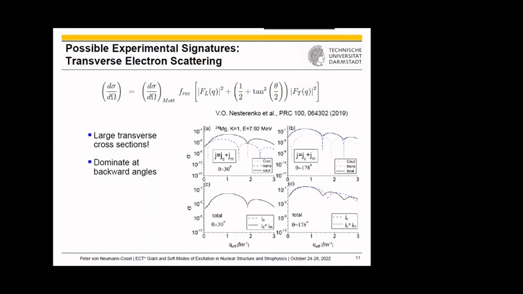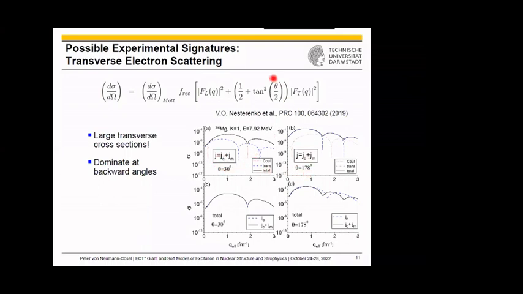And let's look at the predictions for this magnesium state, which they claim is toroidal in their calculations. It's not clear which one this would be experimentally. This has to be established. So this figure shows you calculated cross sections for electron scattering, once at a very forward angle and once at a very backward angle.